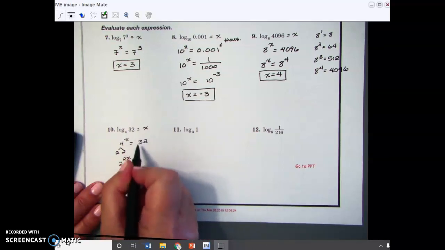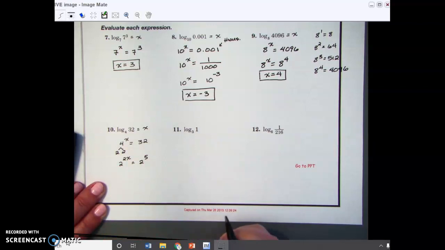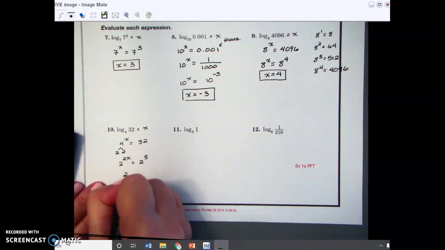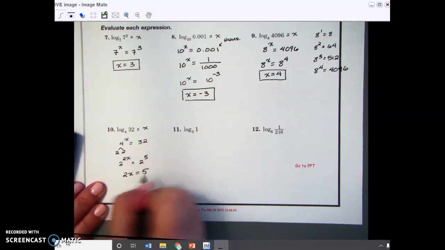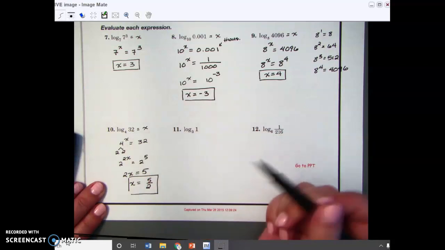And we just figured out in the warm-up that 32 was 2 to the 5th power. Now I have the same bases, even though that base wasn't 4. So I can say that 2x is equal to 5, making x equal to 5 halves, or 2.5. So that means if I take 4 to the 5 halves power, I get 32.